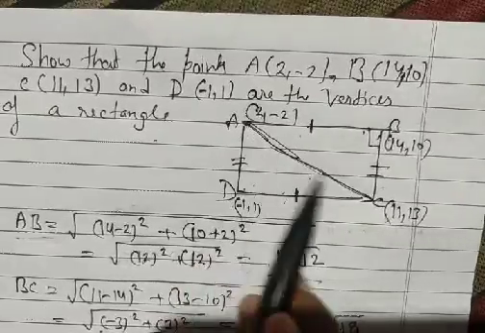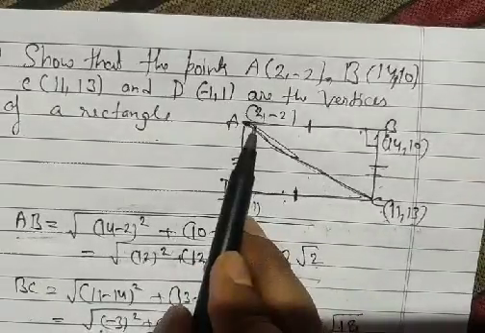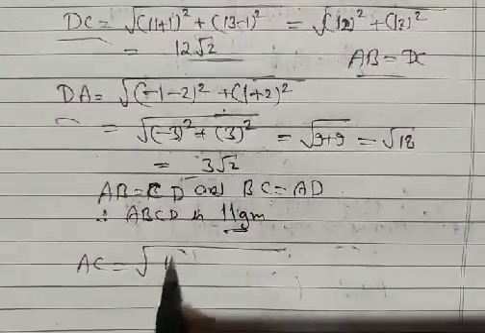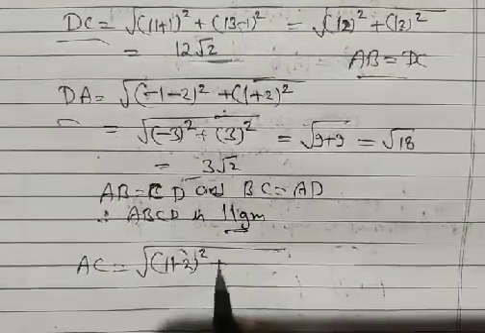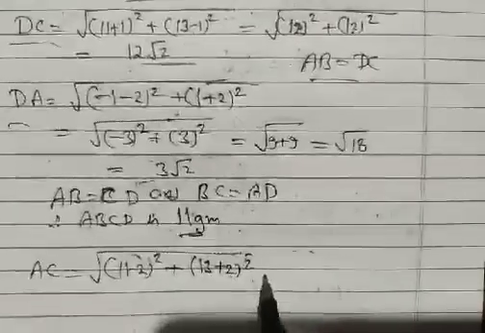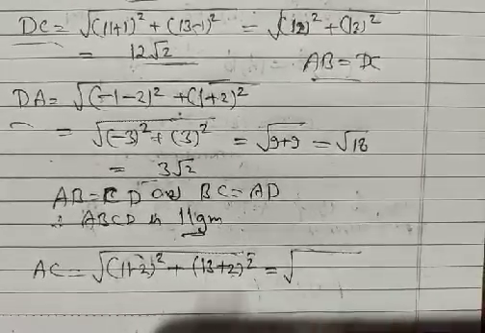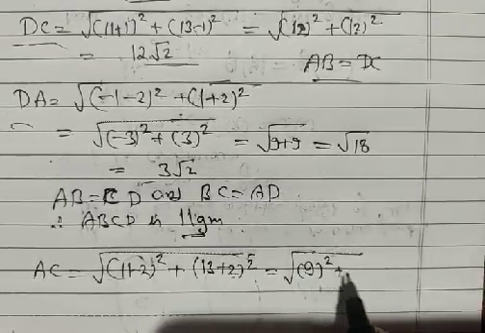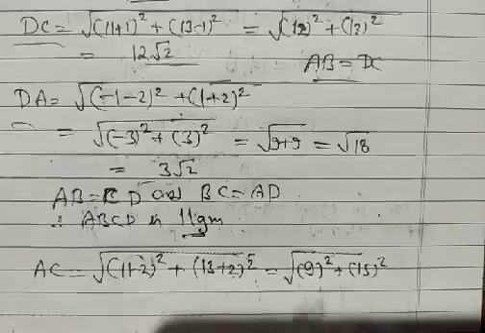How do we get AC? AC is (11 minus 2) whole square plus (13 plus 2) whole square. 11 minus 2 is 9, whole square, and 13 plus 2 is 15, whole square.